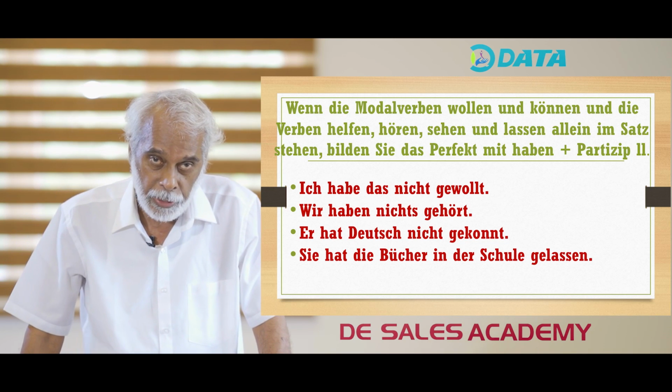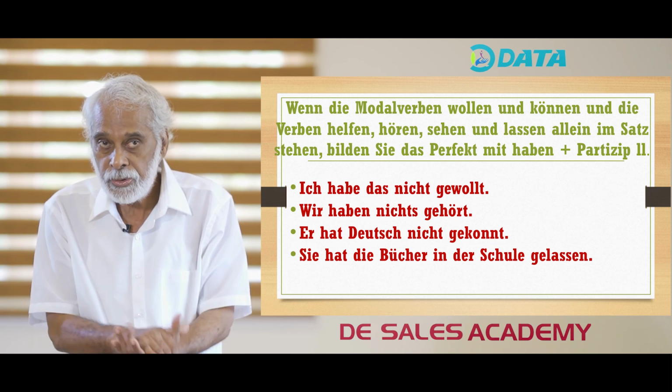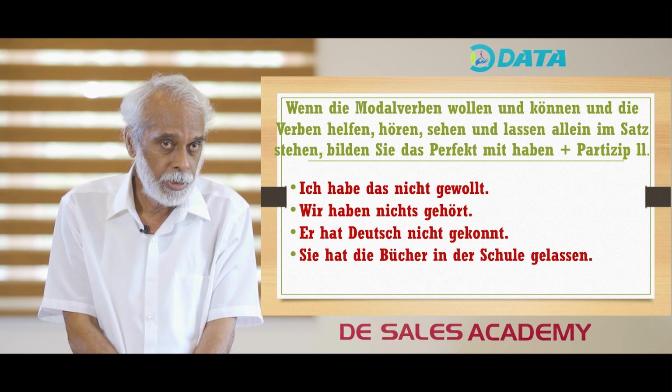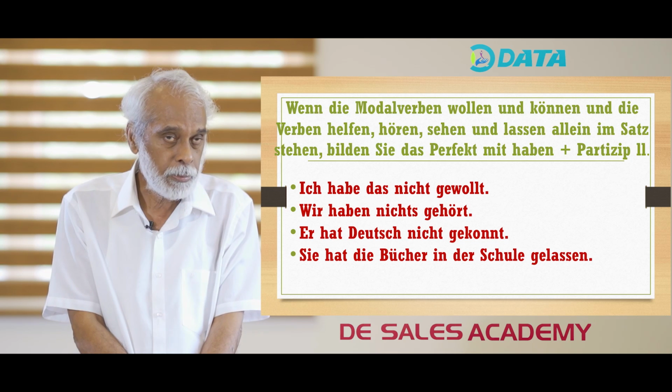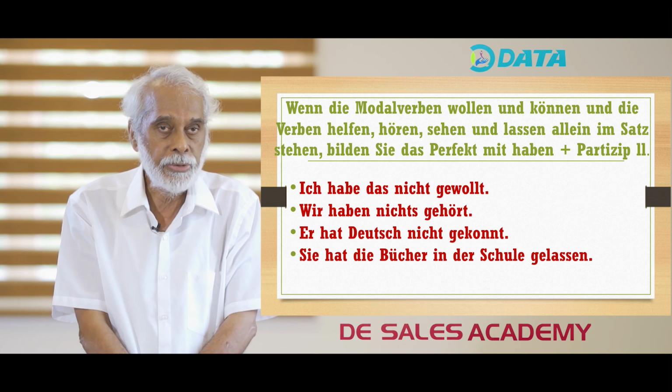So whenever you come across such usages, be careful and write your participle zwei only after making sure that it is the only verb in the sentence.